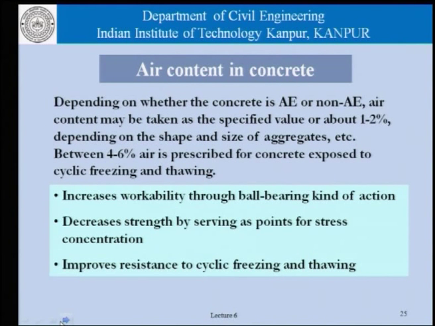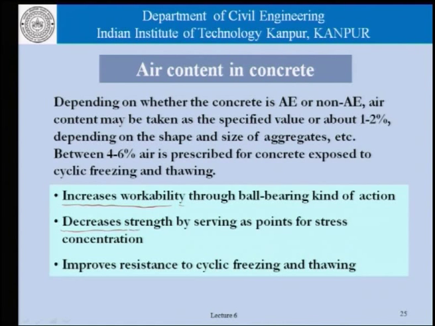And what does the air entrainment do? There are three things involved. One is increase in workability. Air entrainment increases workability through the ball bearing action of air particles.